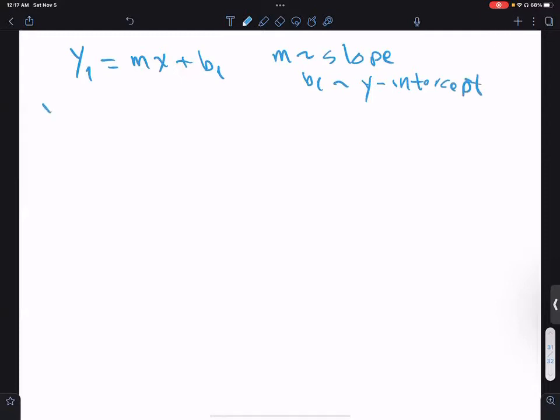And the second line is y2 equals m, the same slope because they are parallel, times x, plus b2, and b2 is also the y-intercept of the second line.